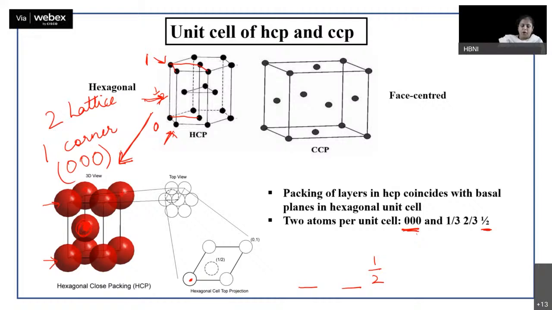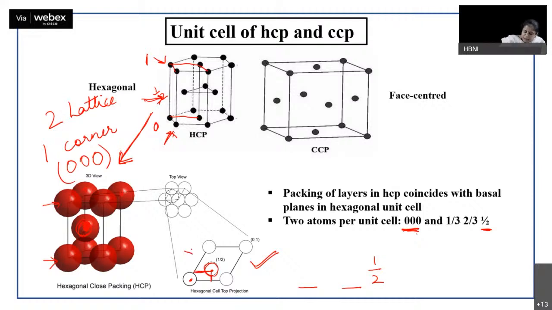Now for that, just for a moment, hypothetically imagine that I have pressed this sphere to the bottom basal plane. This is how it looks like. Now I have to find the coordinate on the x and y axis of this particular atom. So if you see, this is how I will find the coordinate.